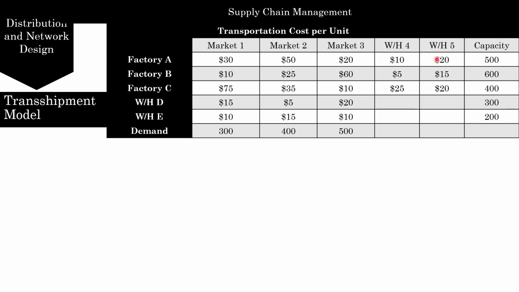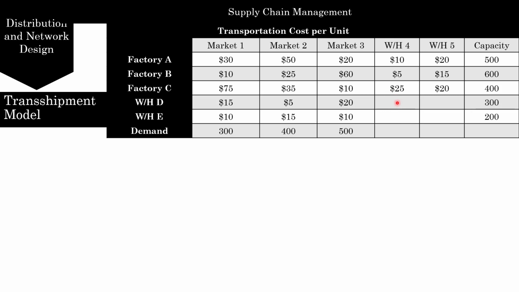And so here you have transportation cost per unit. You have warehouse capacity, how much can actually flow through a warehouse, 300 units and 200 units. Here we have these spots as blank, which basically tells us we cannot transport from D to 4. There's no cost involved here. And sometimes you could have a cost involved.